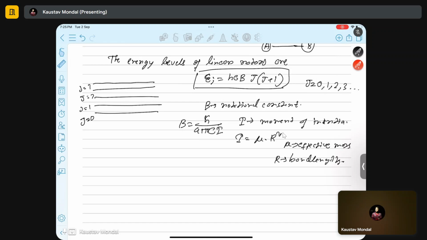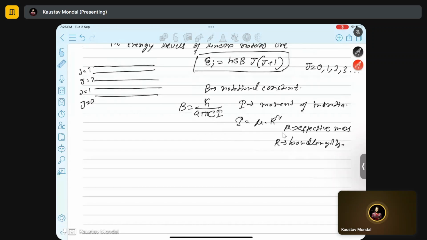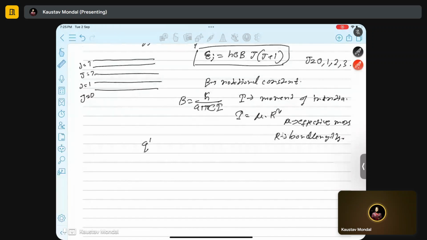Now, okay, so the rotational partition function QR would look like this. QR would be the summation over J of g_J, where g_J is the degeneracy factor. What happens in these rotational energy levels is that they are not singly degenerate. There is multiple degeneracy associated with each energy level.